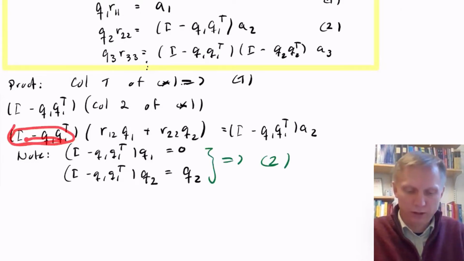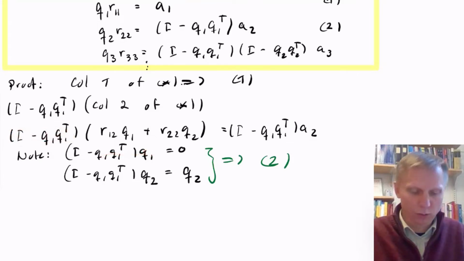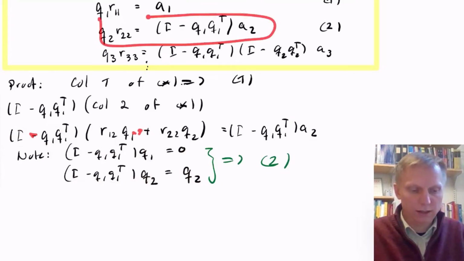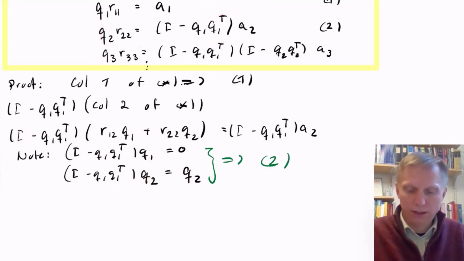A property of the spectral projector is that if you multiply it by the Q1 vector, you get 0, and if you multiply it by another vector in the Q matrix, you just get that vector. So if we use that identity here, we get directly this equality up here. And then this can be continued for the next step.